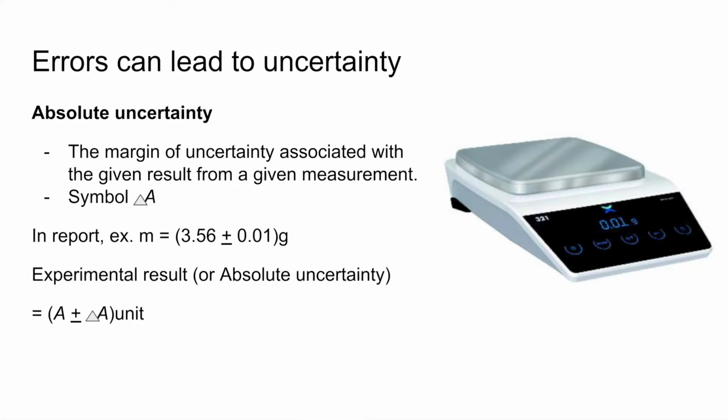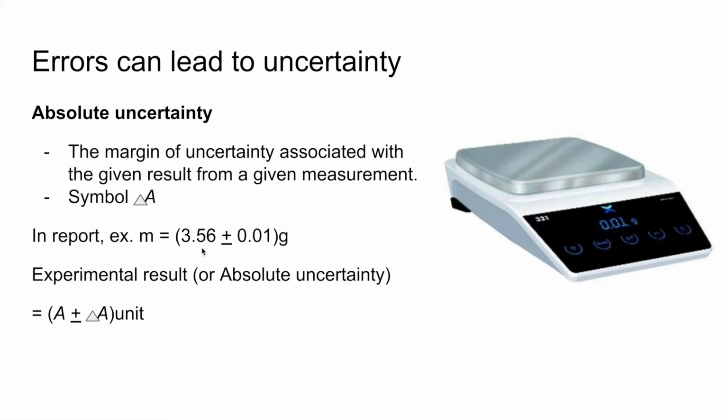So how do we propagate errors? How do the errors grow in our calculation? First of all, let me talk about absolute uncertainty. Absolute uncertainty is the margin of uncertainty of your given result. For example, you measured 3.56 using this digital balance.